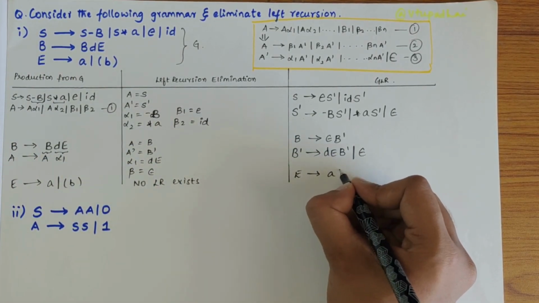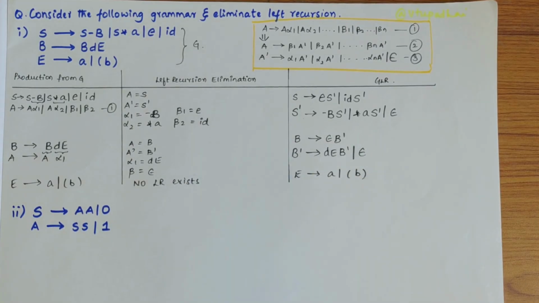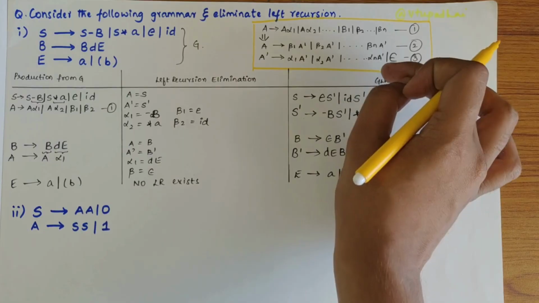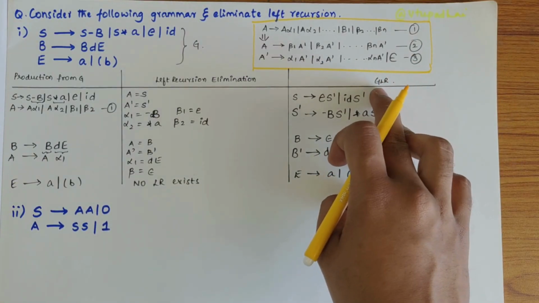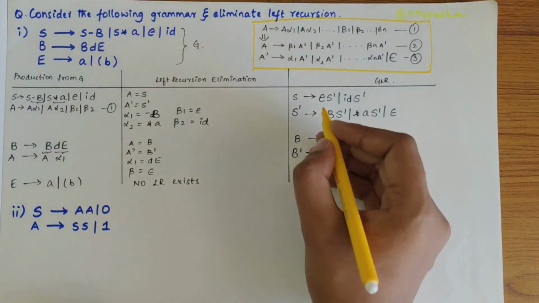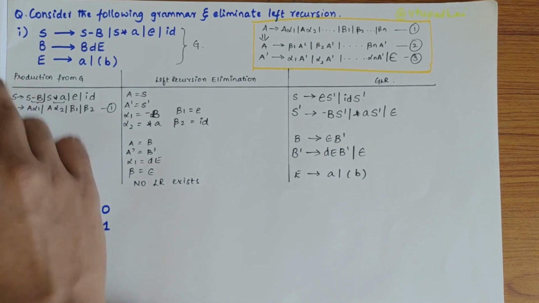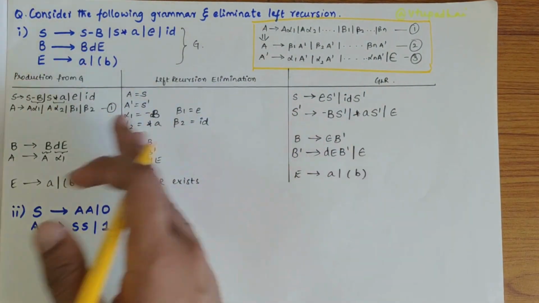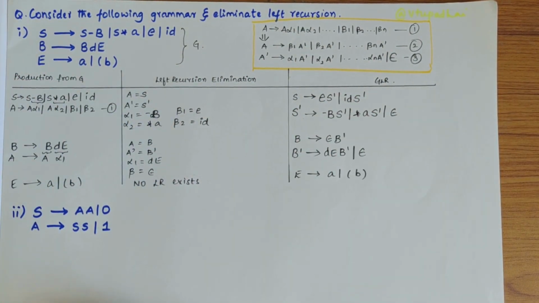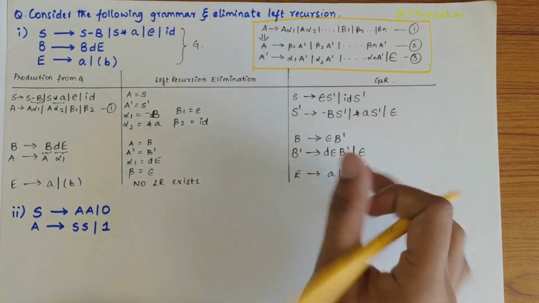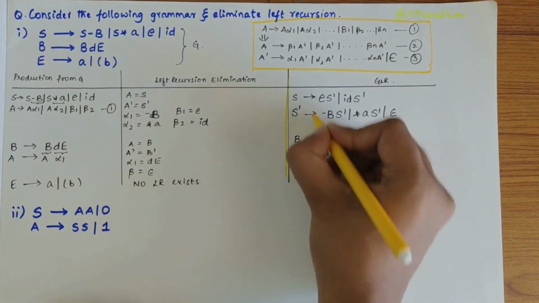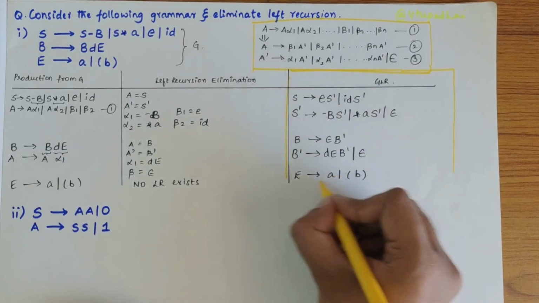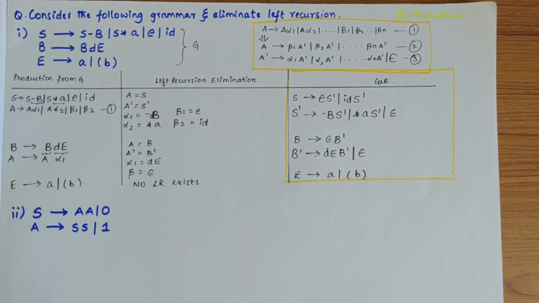E derives A and parenthesize B. This is the final output, that is a grammar which is free of left recursion. So this was our first step to eliminate the left recursion, and our second step is to write this again.